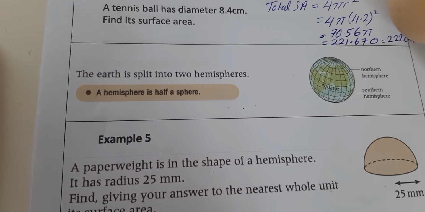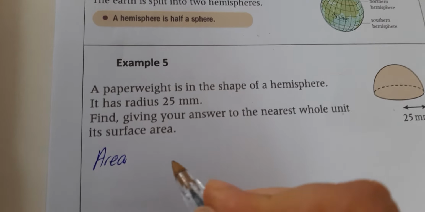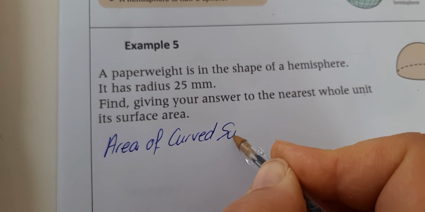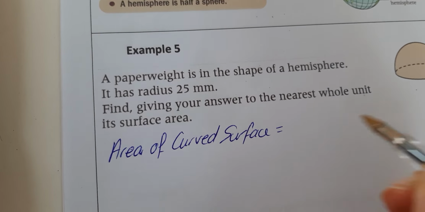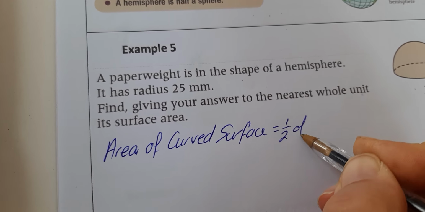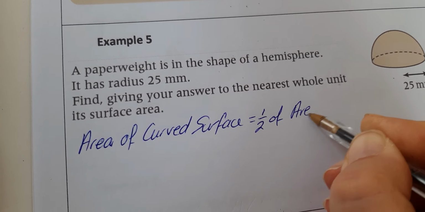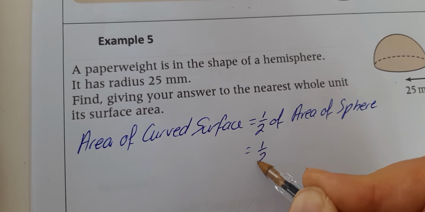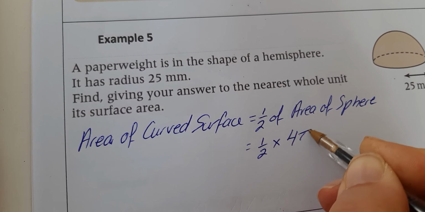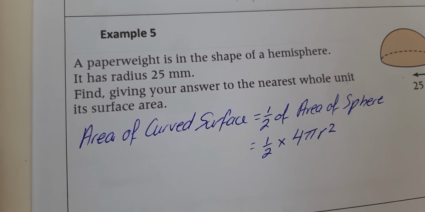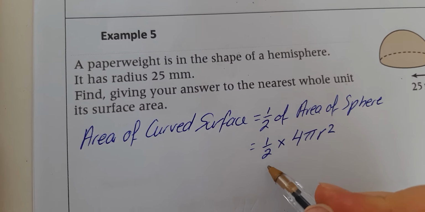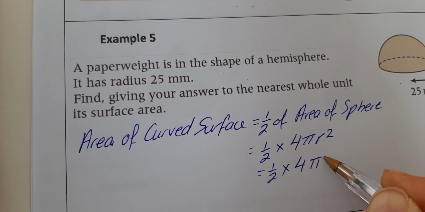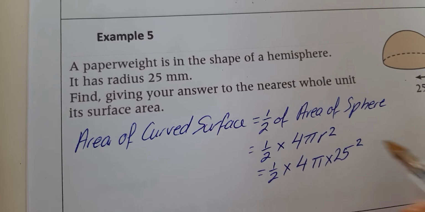So the area of the curved surface equals a half of the area of a sphere. So it's a half of 4 pi r squared, which equals a half times 4 pi times the radius, which we said was 25 millimeters, squared.